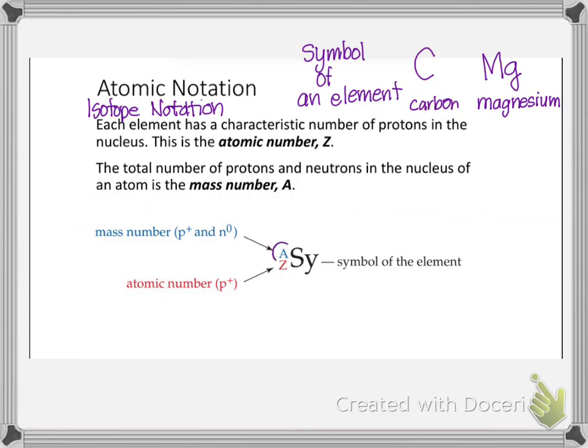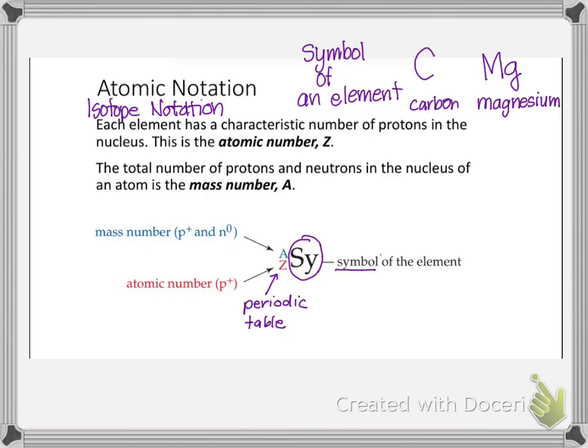Okay, so what do we have in this here? On the top here, we have A, which is the mass number. So that's where protons and neutrons are added together. Underneath it, we have Z, which is the atomic number, which is the number of protons. We can find that on the periodic table. And then in this textbook, they're using SY just to mean the symbol. So the symbol would be like what I mentioned up there.